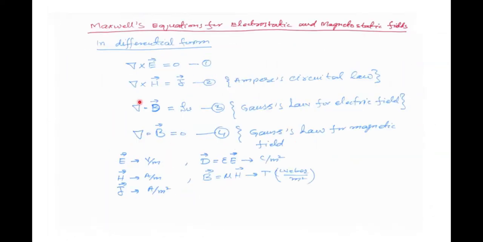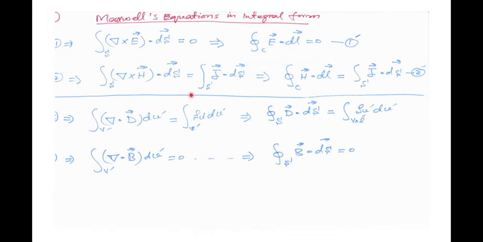So let us first consider equation number 1. Actually the curl exists over the open surface, so apply open surface integration to equation number 1 on both sides, and then apply the Stokes theorem. According to Stokes theorem we can replace the integration on the left side of this relation from surface integration to contour integration.